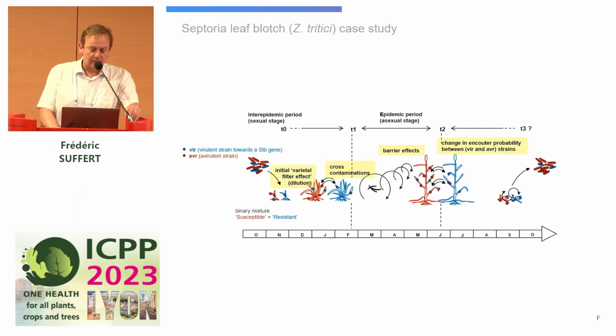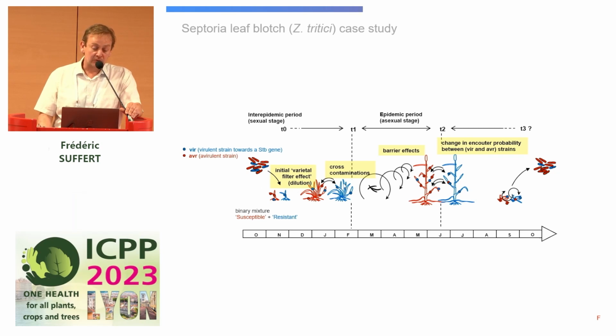If we put mixtures in this slide, you can see in red a susceptible variety, and in blue a resistant one. I use the term resistant, but in fact I mean a variety that carries a resistance gene, but it can be overcome. And in blue you also have the ascospores that are considered to be virulent, that is, able to infect the resistant cultivars.